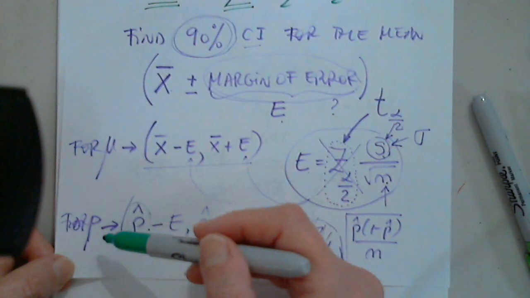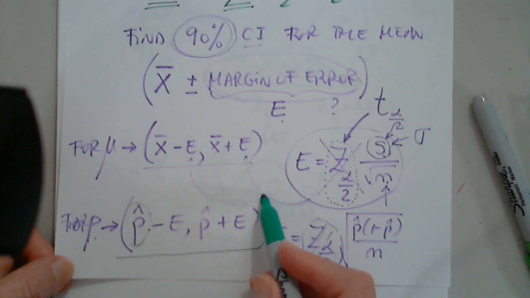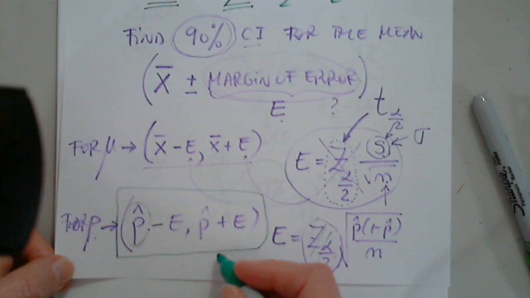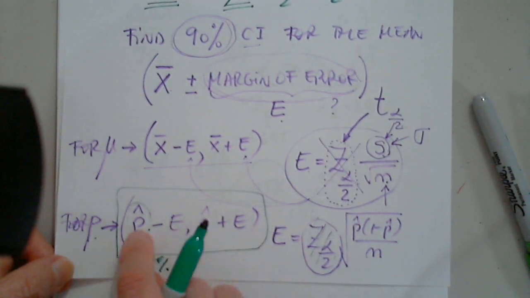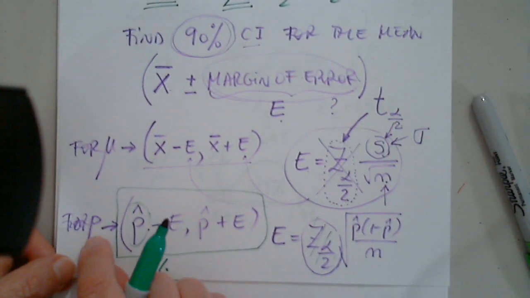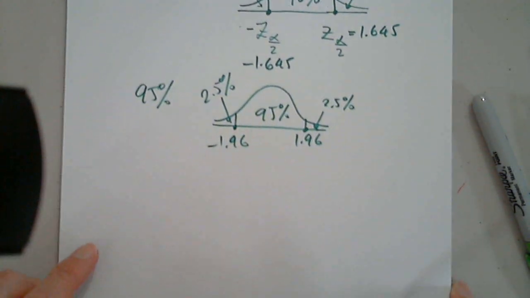So this is the point estimate of P. But then the second step is to determine an interval and say, I am 95% confident that this interval contains the true population proportion.